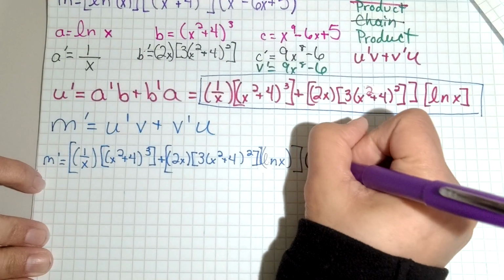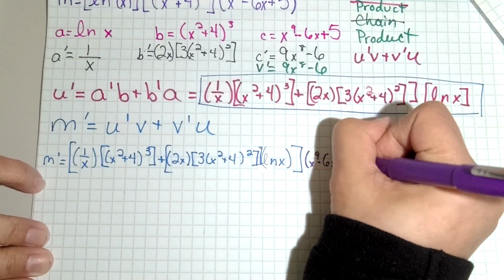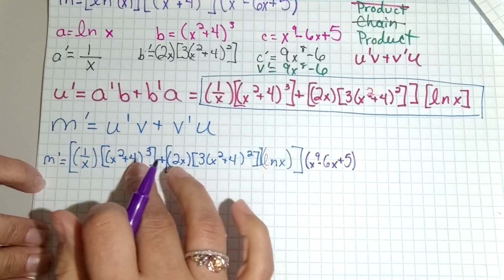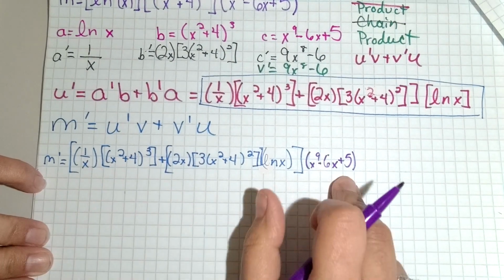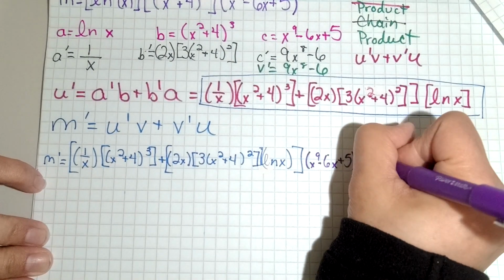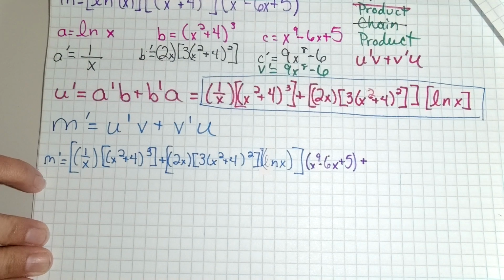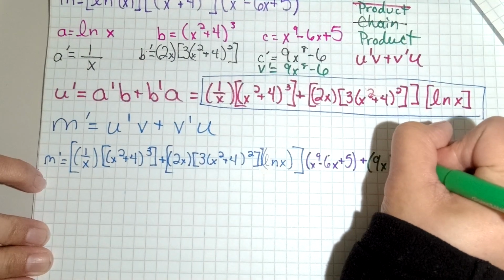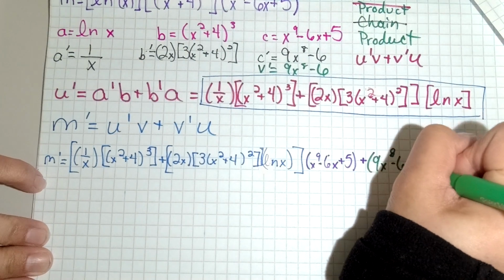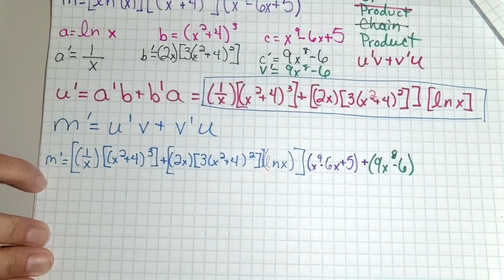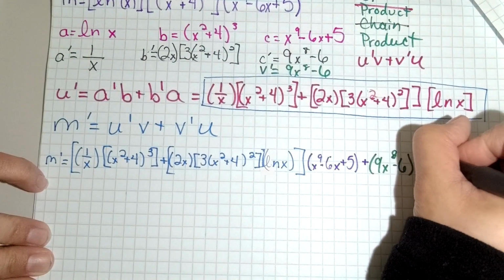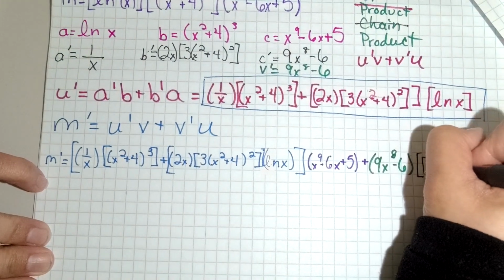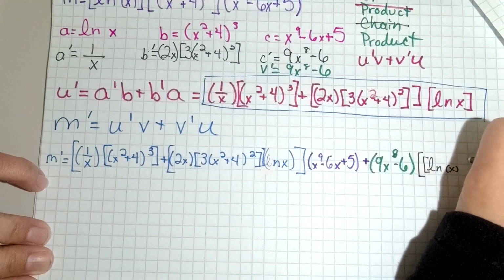I'm sorry, I'm not talking right now or looking up. If you have a question, please let us know. U prime V. Thank you to the people that are following along and catching some of the errors. V prime. Please make sure that if you get stuck at any point, or if something looks like it doesn't make sense, speak up. Times U, which is the natural log of x.